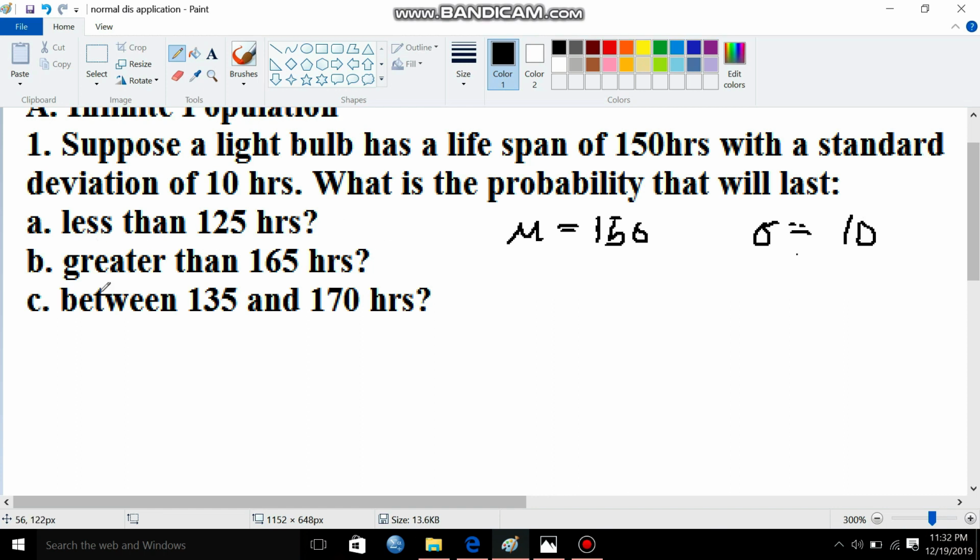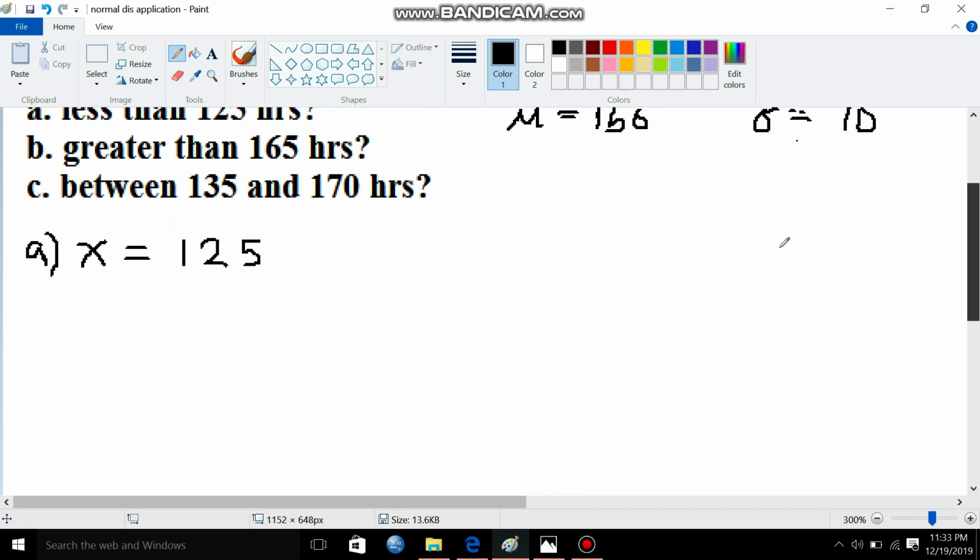Okay, next is solving for A. You will first solve the Z value, and for this one we let the X value be 125. Using the formula for the Z score, Z equals X, or the raw score, minus the mean, over the standard deviation.